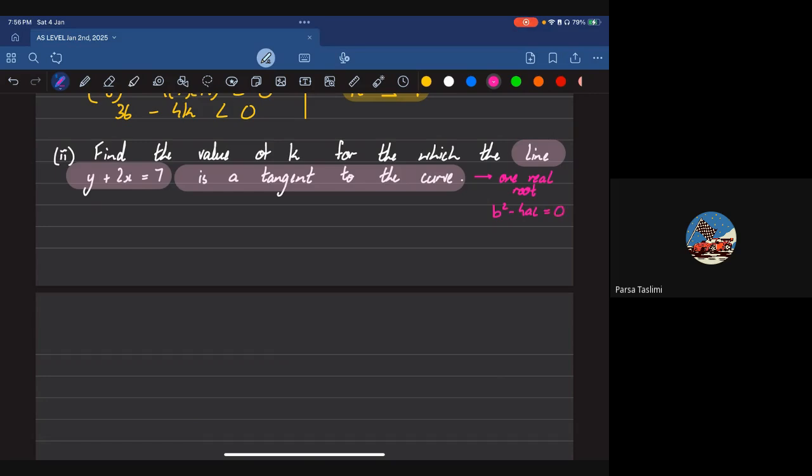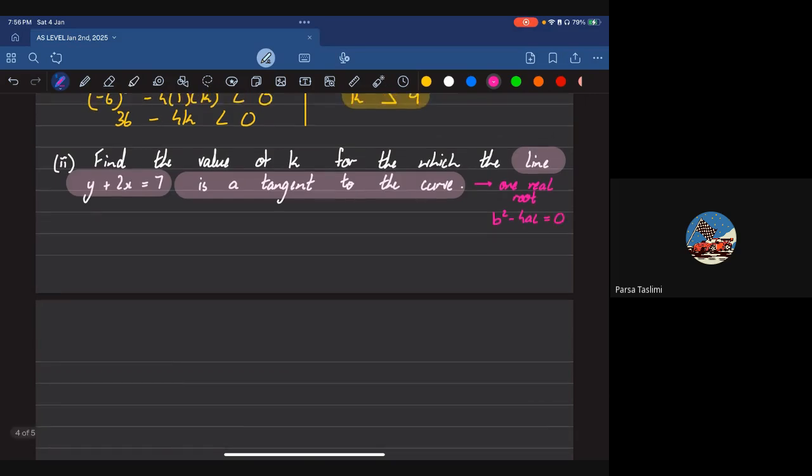But there's a slight catch. This time around, you cannot blindly use the discriminant with your original equation, because we're not considering the original equation with the x-axis. We're considering the original equation with what you may call another line.